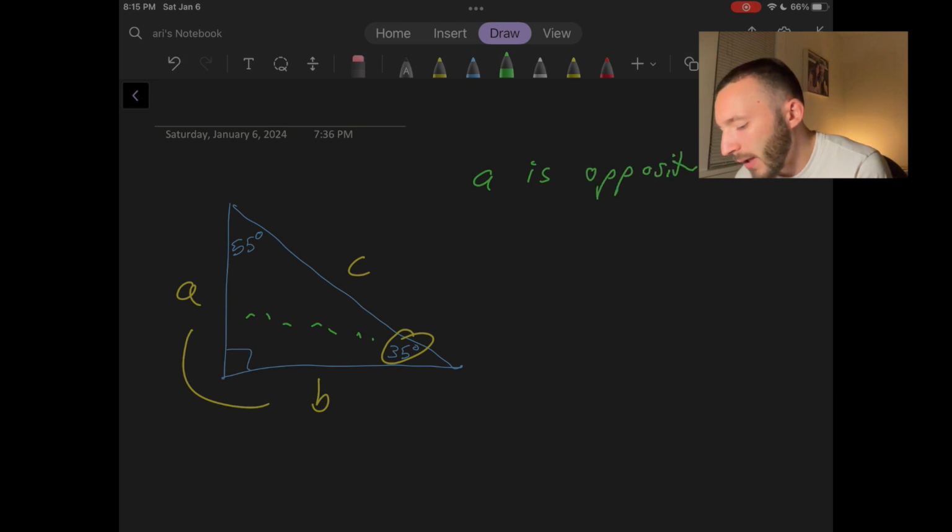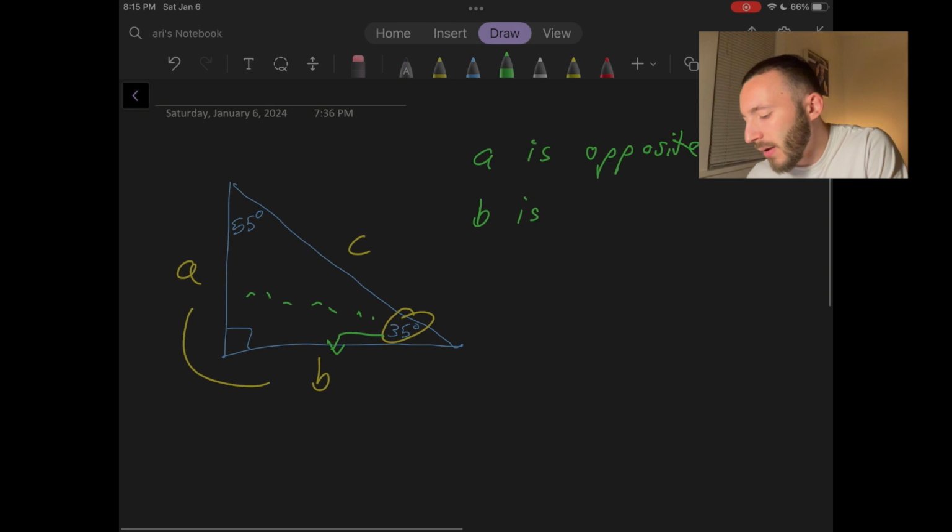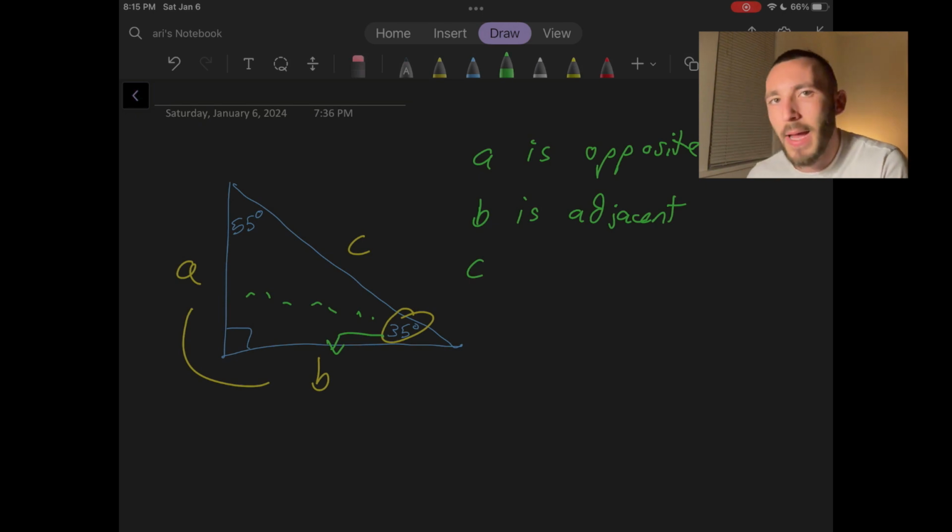That's the opposite side of 35 degrees. B is right next to it, right over here. So B is what we call the adjacent side. And finally, C is what we call the hypotenuse.